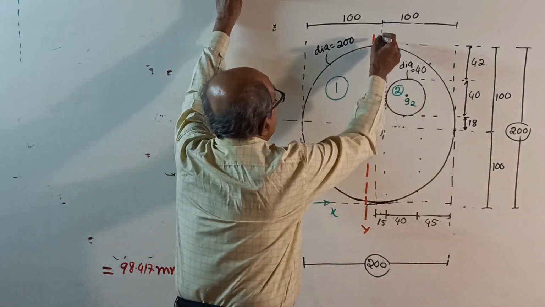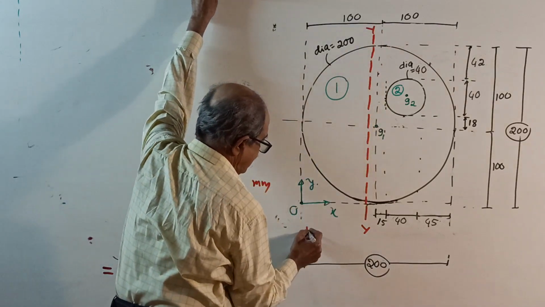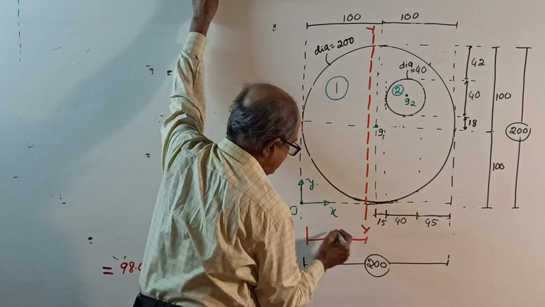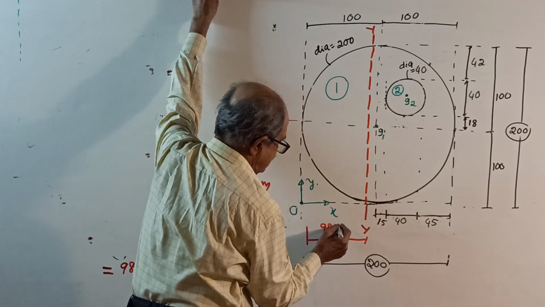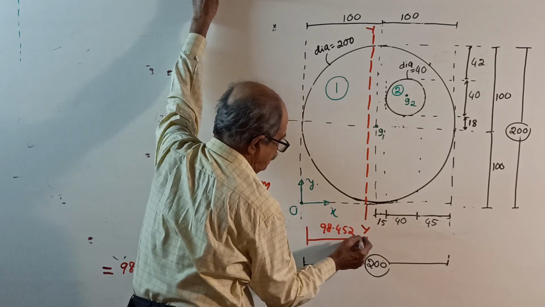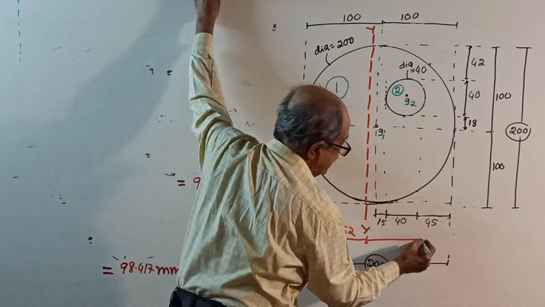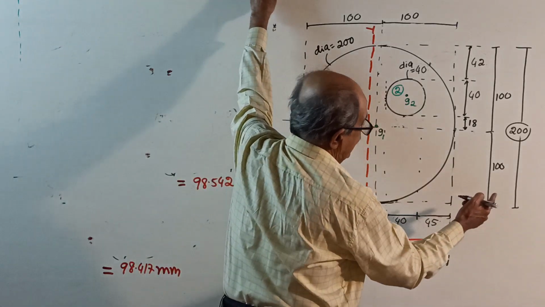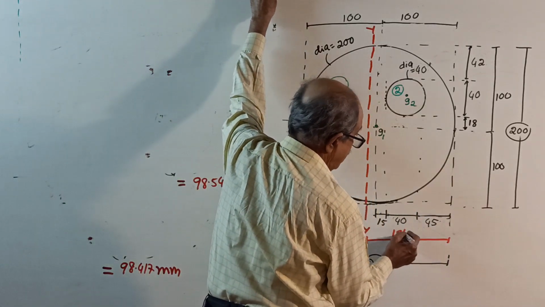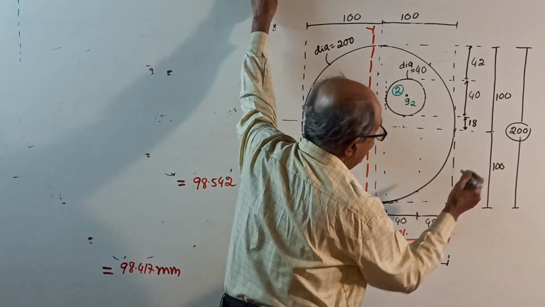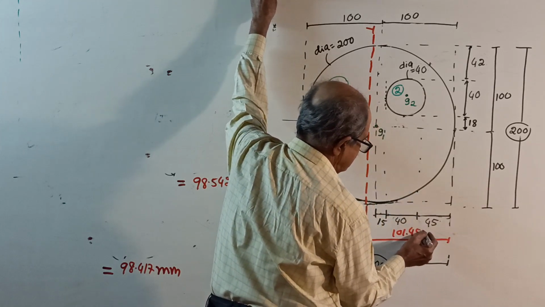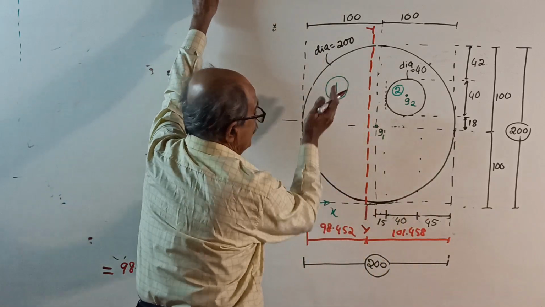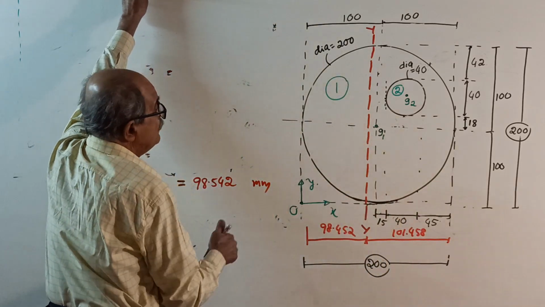Not to scale. Then this distance will be, from total 200, subtract it, 101.548.